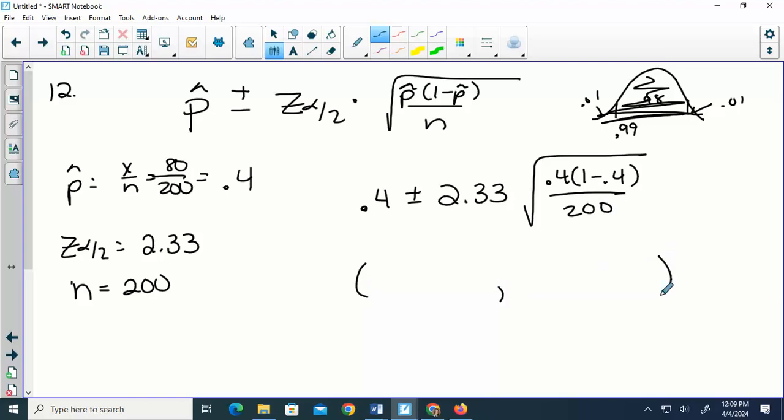Okay, so we're going to get an interval, do the minus first. 0.4 minus 2.33 square root of 0.4 times 1 minus 0.4 over 200. And we get 0.3193. And if you type that in, you can just hit second enter and bring up the next one and change your minus to a plus. 0.4807. So we're 98% confident the value lies between those two numbers.